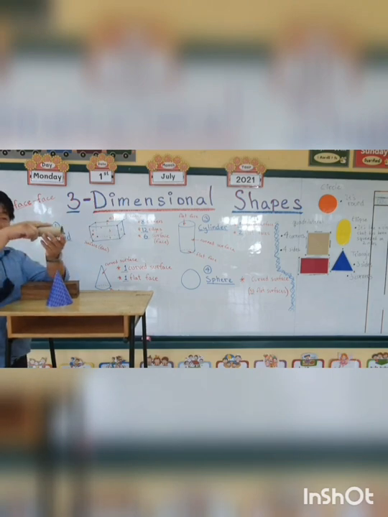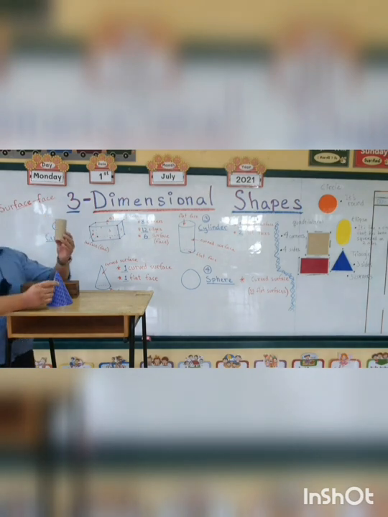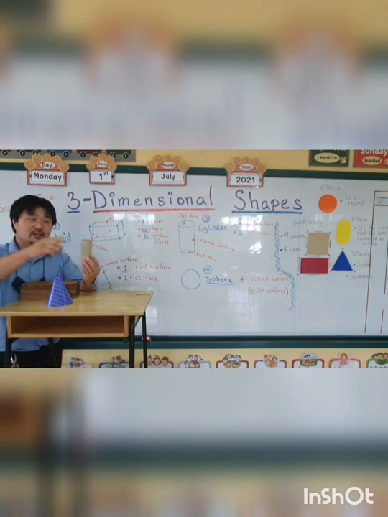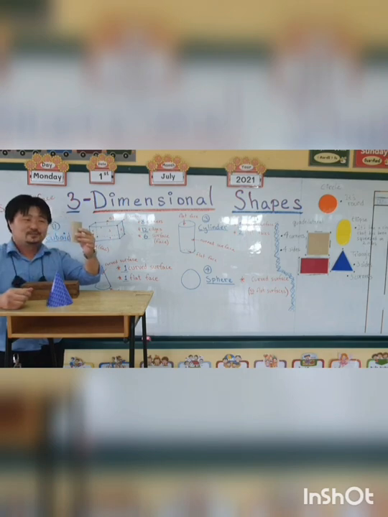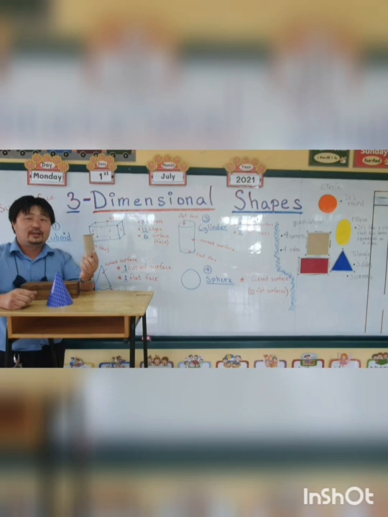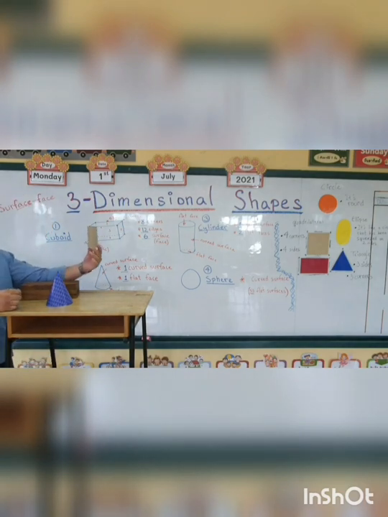So if you look, yes, the surface is curved and it goes all the way around. You can hold it this way or this way. It's still a cylinder. And then it has two flat faces or surfaces, one here and one at the bottom. So two flat surfaces. And that is the definition for a cylinder.